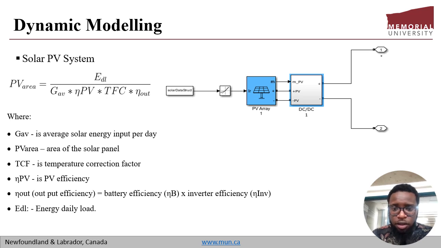The irradiance data is going to be fed into the PV array. We'll simulate it and we'll also get the output, which is going to be fed into the DC bus. From the DC bus, it is going to be fed to the inverter and also used to charge the battery, especially when the power is in excess.